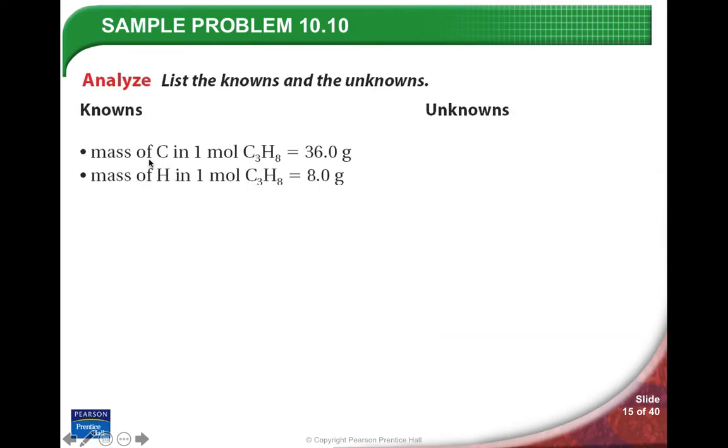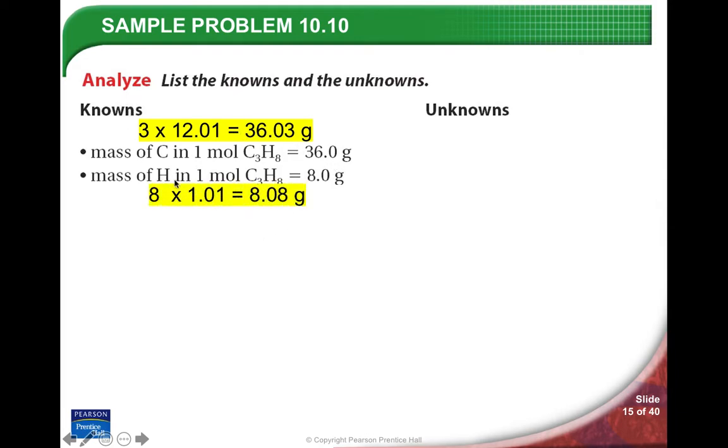So we know that the mass of carbon in 1 mole of propane is 36 grams. Now, if we go out to the hundredths place, that'd be 36.03, but you'll see quickly that's not going to make a huge difference. But the book is just going to the tenths place, so it's appropriate.